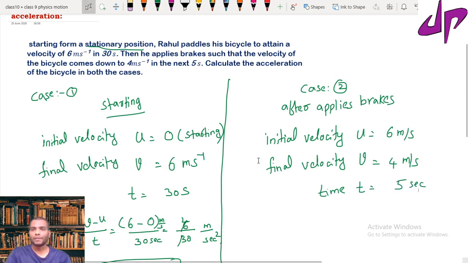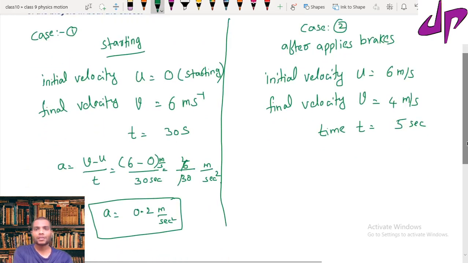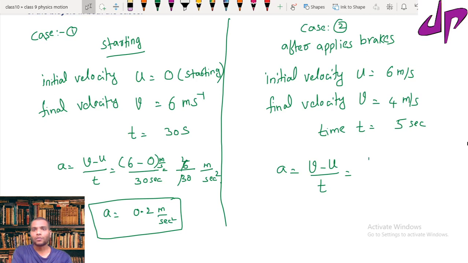Now we got three values. You can substitute the three values in the acceleration formula: a equal to v minus u by t. Final velocity v equal to 4 meter per second minus initial velocity u 6 meter per second, time 5 seconds.